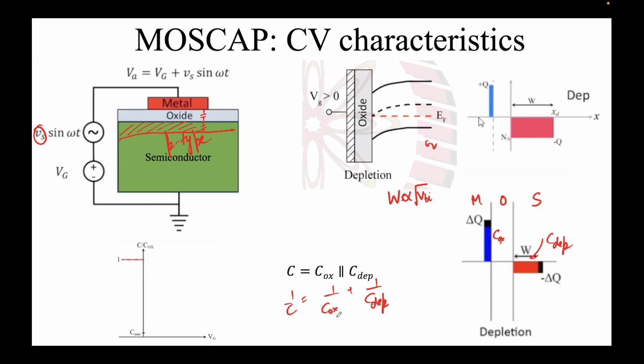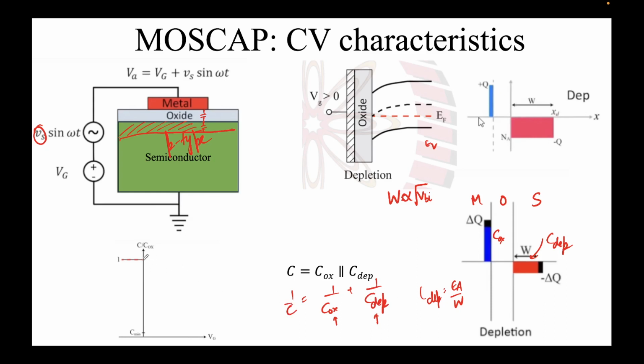So Cox will remain constant, but CW equals epsilon A by W. W will keep on increasing, so CW will keep getting smaller and smaller. Hence the total capacitance C will reduce in value.